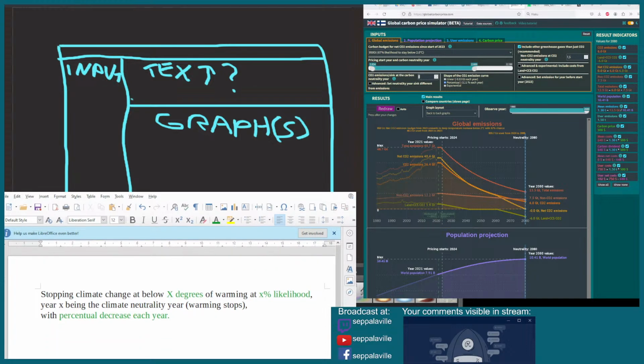Let's say that this results in a yearly X decrease in global emissions, and here we could have some other color, the result of those selections by the user.